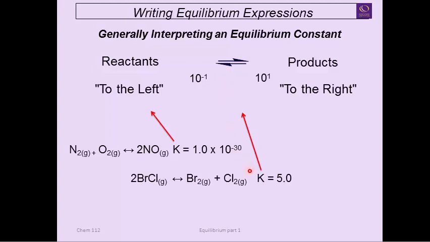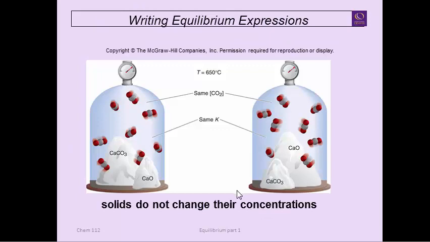It's basically just a rough way to interpret that number. And if it's strong to the right, then this number to the exponent is well above 10. And so this is carbon monoxide reacting with oxygen, and you're ending up with carbon dioxide. All right, so that's the first part, just kind of generally interpreting the K.